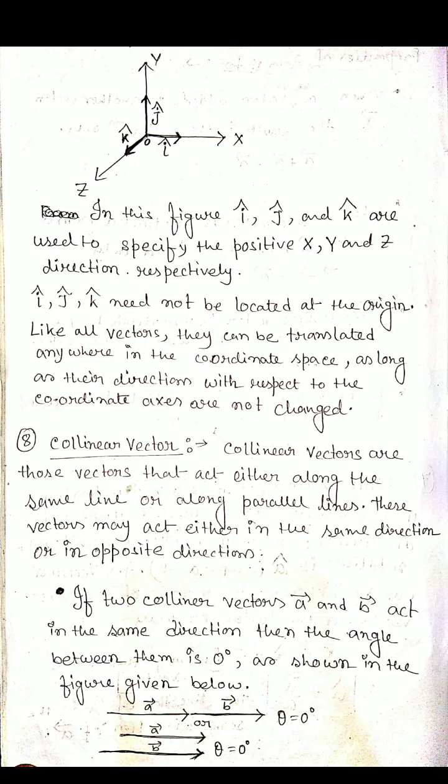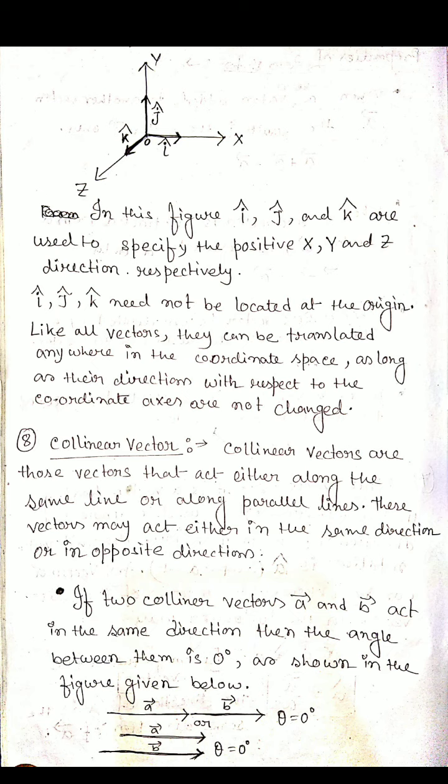Any two vectors A and B, I will draw both pictures, are situated on the same line or parallel to each other. And the second consideration, either they are in the same direction or in the opposite direction.